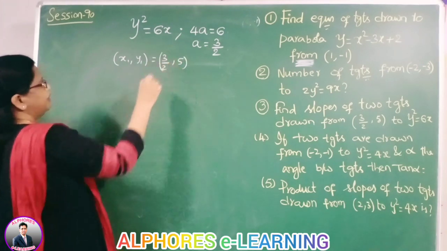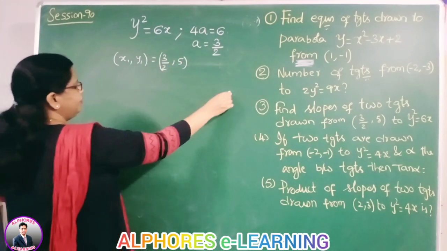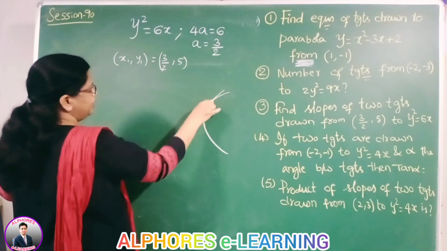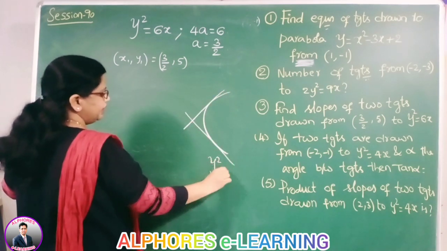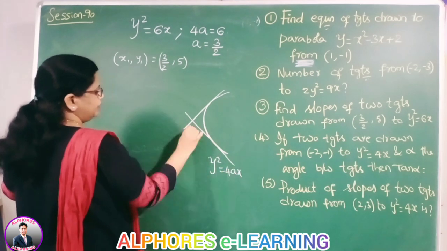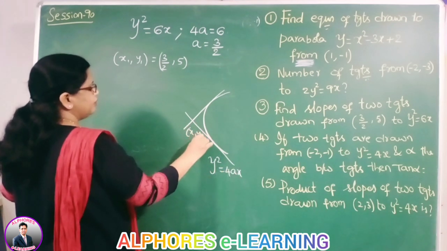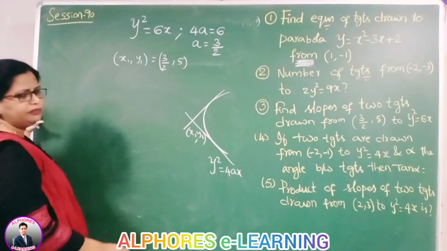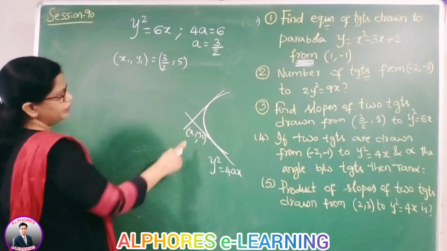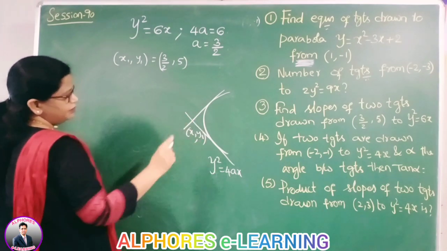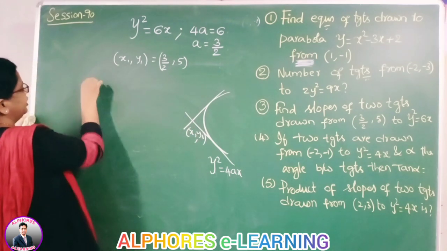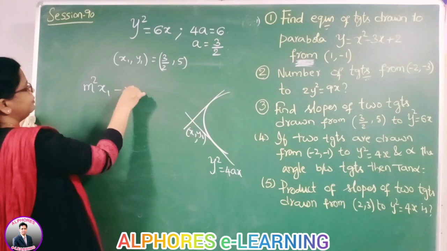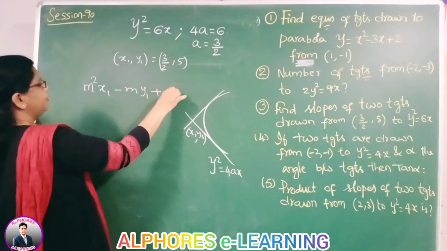Now what is our formula? Whenever 2 tangents are drawn to any parabola, that means here we are taking standard form, y square equal to 4ax, and this point is here x1 comma y1. Okay, from the point x1 comma y1, if 2 tangents are drawn to a parabola, then slopes can be obtained from the formula m square x1 minus m y1 plus a equal to 0.